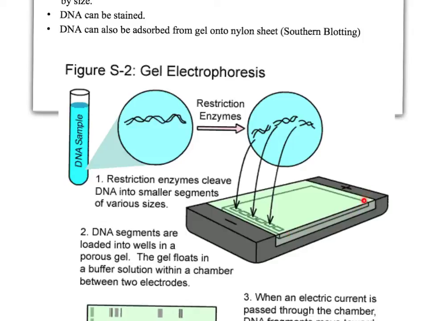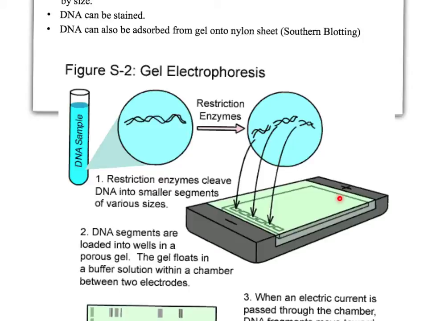We then pour in a buffer solution. Okay, and then we put a voltage across this. What happens is the DNA will then start to migrate through the gel towards the positive electrode, and the smaller bits of DNA will manage to go further than the larger bits. Okay, so our DNA will be deposited at different lengths along this gel.